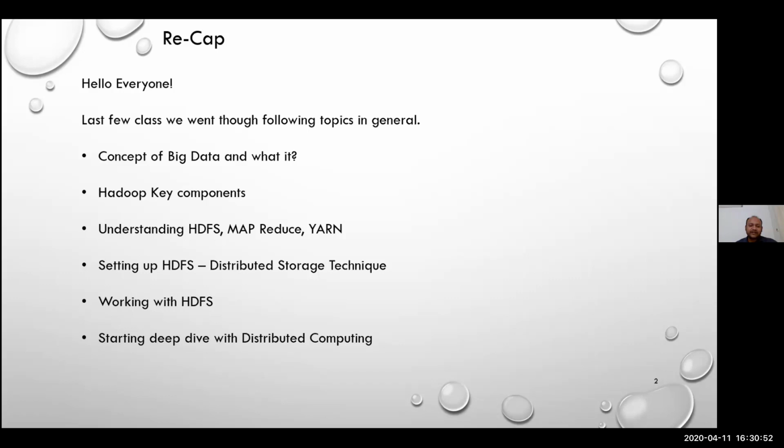And now we need to go into the area of distributed computing. So we know how to store a large amount of data in a distributed fashion and in a cost-effective manner. Now we need to extract some information from a large amount of data using the power of multiple nodes or machines. So that is part of distributed computing, and we're going to explore that.